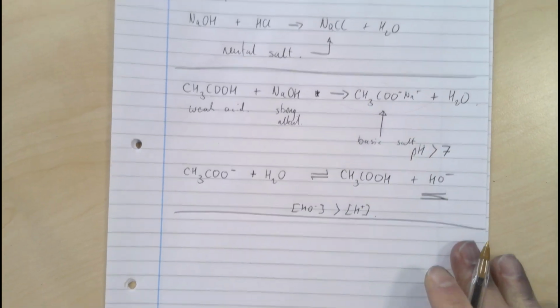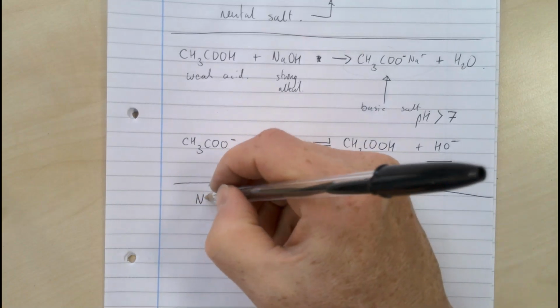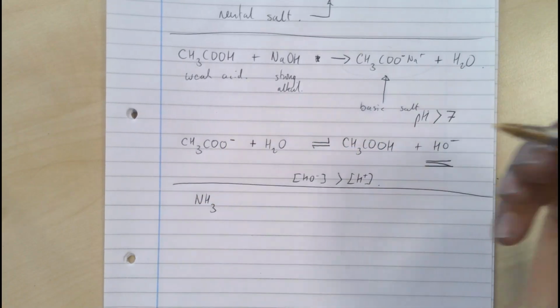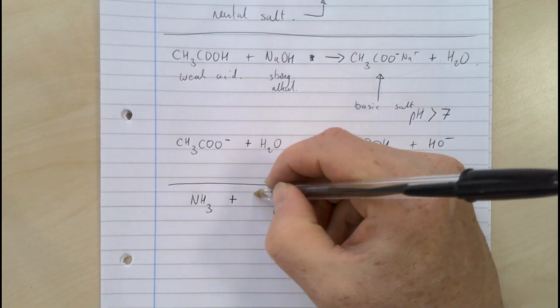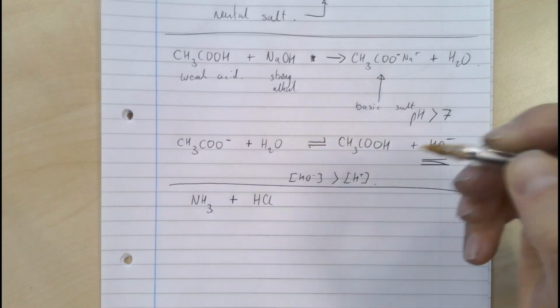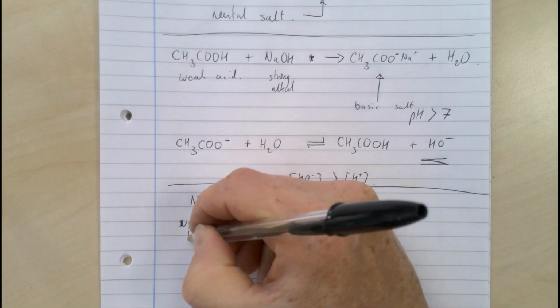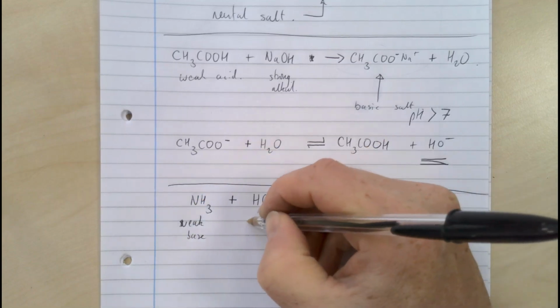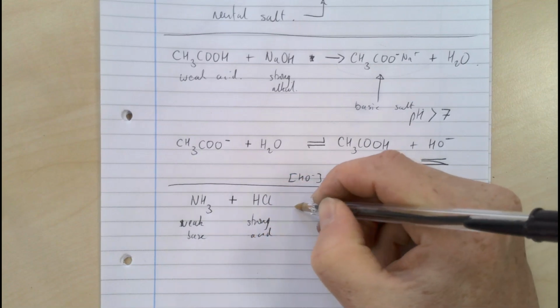Okay. And then you can make exactly the same argument for a weak base, and that would usually be an amine, or typically ammonia. So if I take ammonia, a weak base, and react it with a strong acid, the arm wrestle argument still holds really nicely.